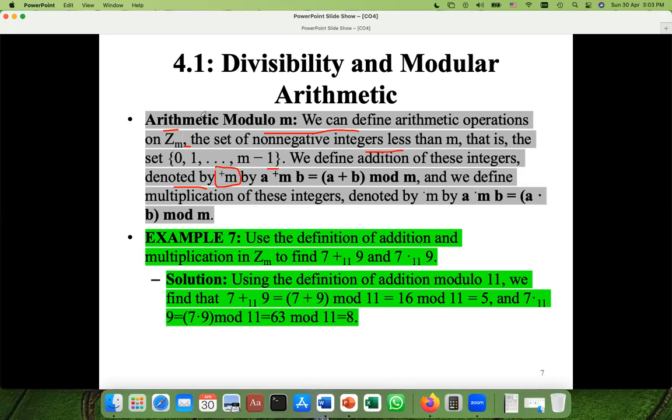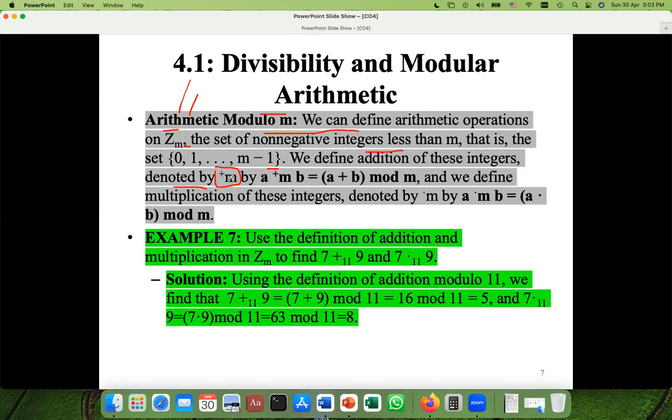Arithmetic modulo m. You are going to represent arithmetic operations for modulo m. And now we are going to see the addition, plus m. When you have plus m, you can understand that this m is modulo m, and you are going to see the arithmetic operation. What is that arithmetic operation? Addition.